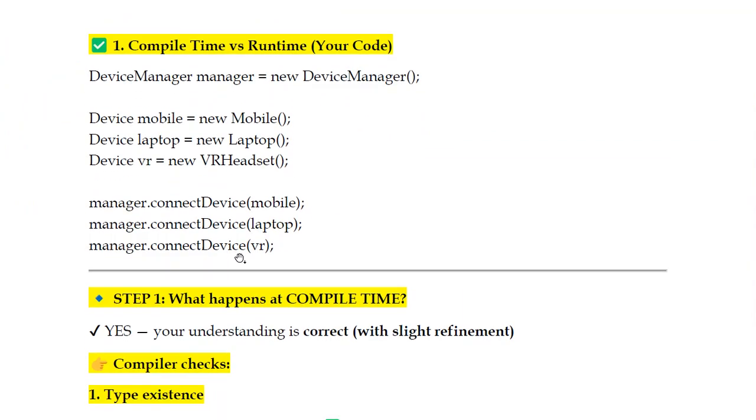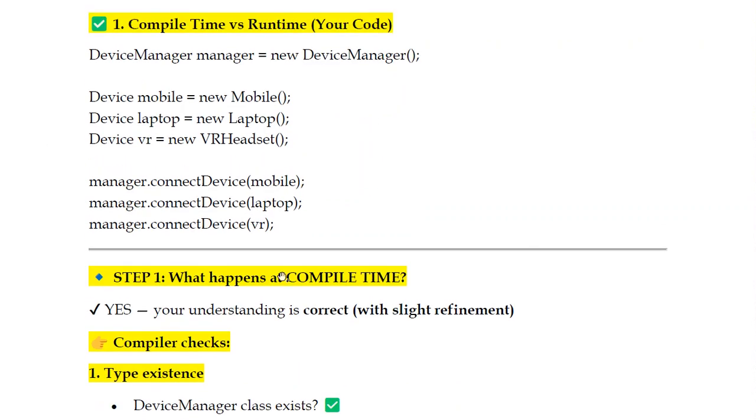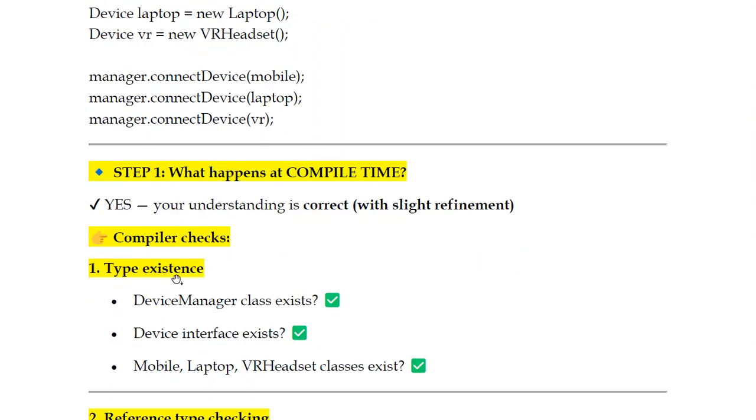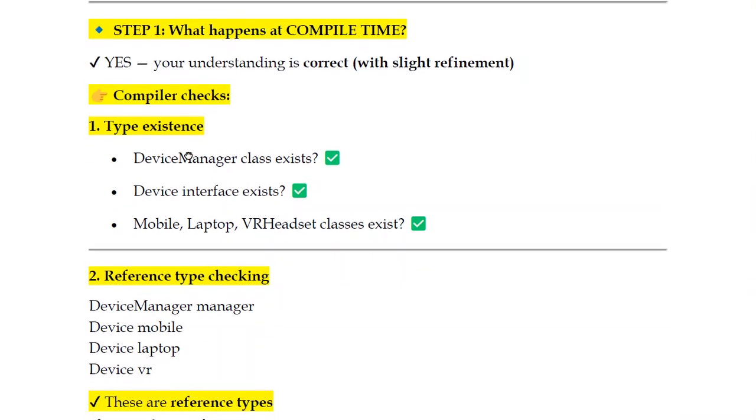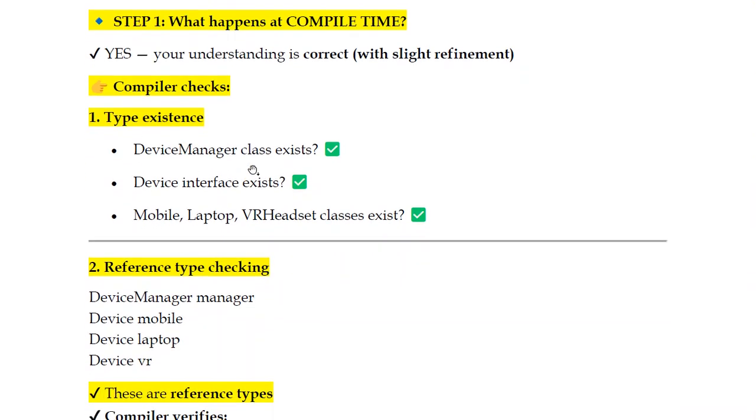Next, you should understand what happens at compile time and at runtime in your code. Your device manager equals new device manager, the same thing you're using. I'll explain in detail what happens at compile time. What I told you in theory, I'm now showing point by point.